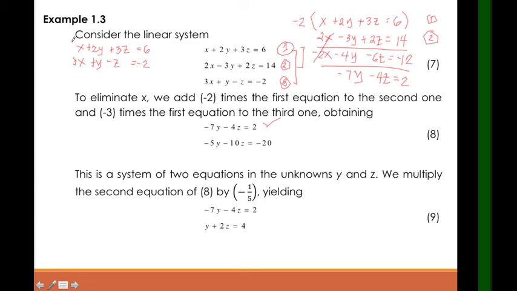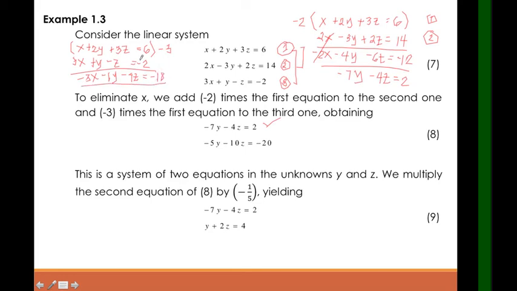So we will multiply the first equation by negative 3. So we have negative 3x, negative 6y, I'm sorry, negative 9z equals negative 18.